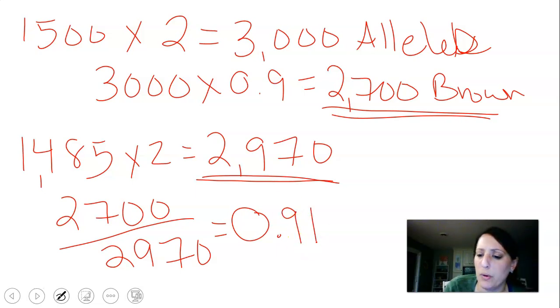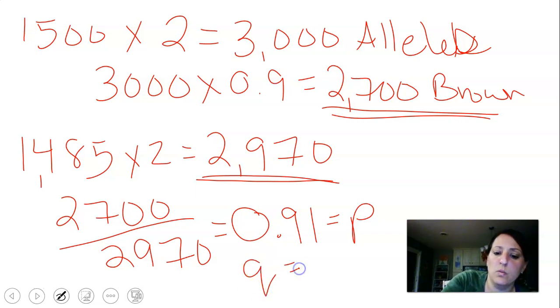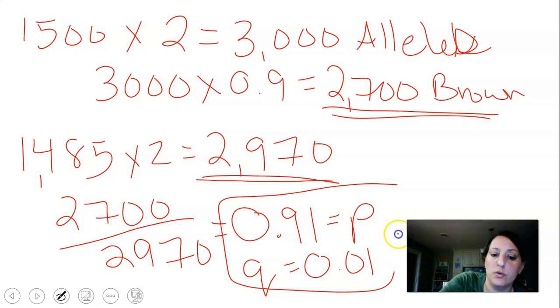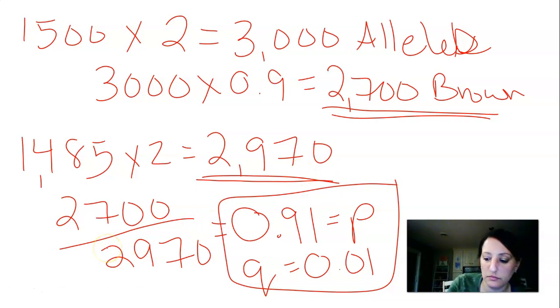It's like 0.90999, so 0.91 is close enough. So that's going to be our new P value. So it's a slight shift. We only lost 15 people, so it's going to be slight. So how do we get Q? We do 1 minus 0.91, which is 0.09. So those are our new P and Q values. So yeah, there's a shift. Okay? All right, so that's that one.